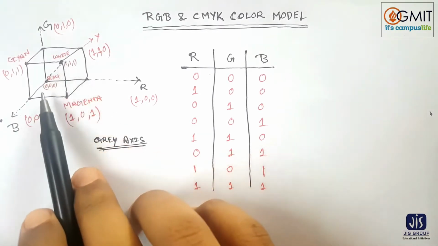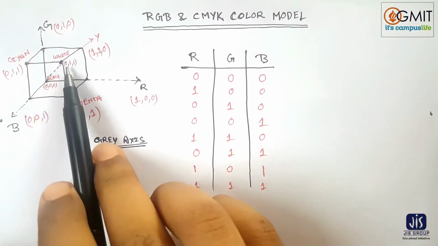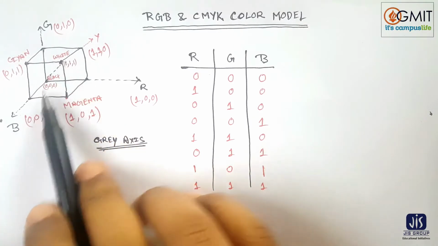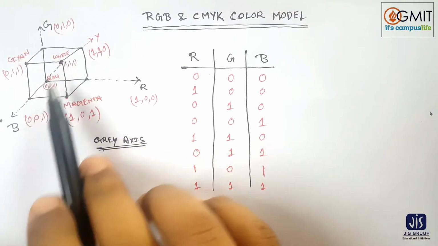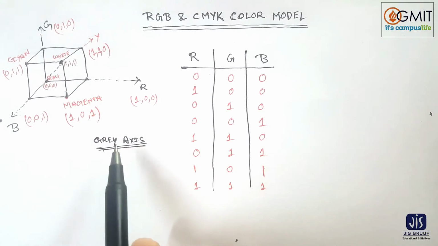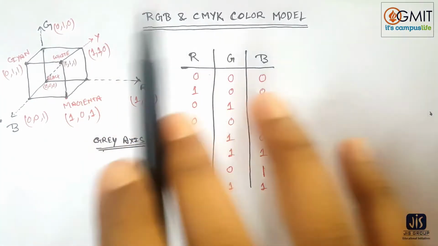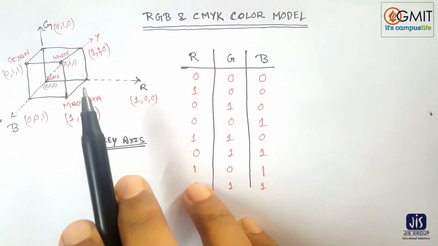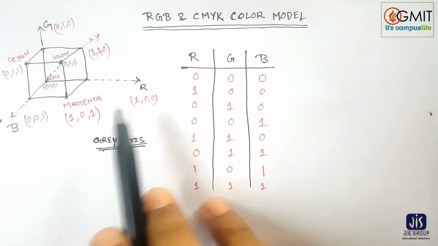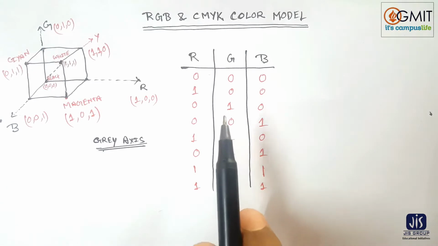So what is the gray axis? The axis joining black to white, that is 0, 0, 0 to 1, 1, 1. This is called the gray axis. Clear? So this is our total RGB color model, where we are getting the value by adding.